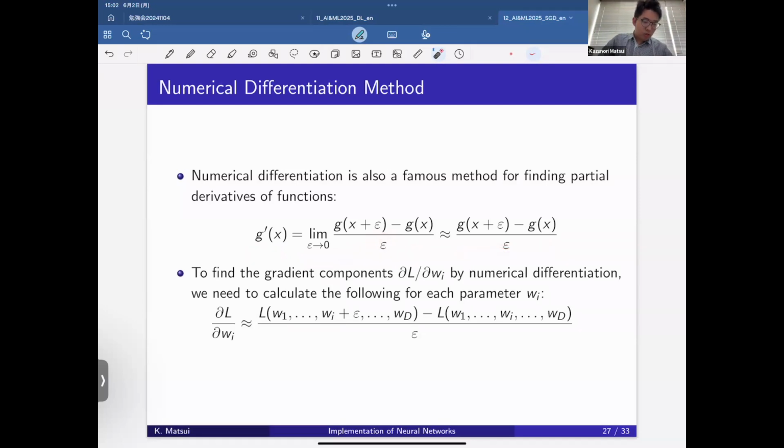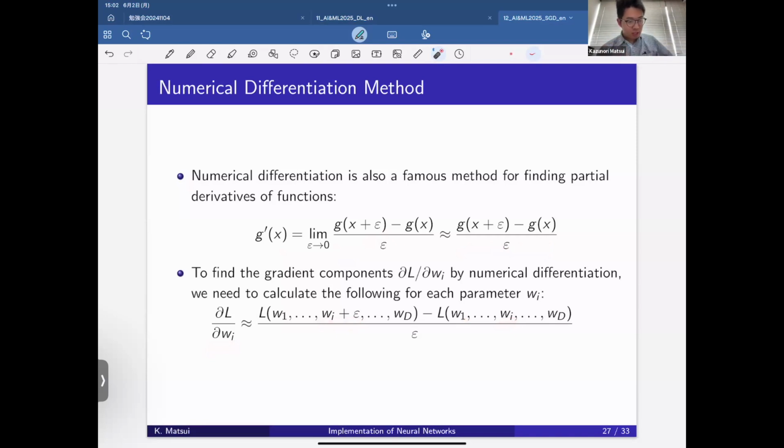So, when we want to approximate the value of the derivative of L with respect to Wi, we first calculate the value of L when we make it Wi plus epsilon, subtract the loss function when it stays as Wi, and divide by epsilon, then we can approximate the partial derivative.